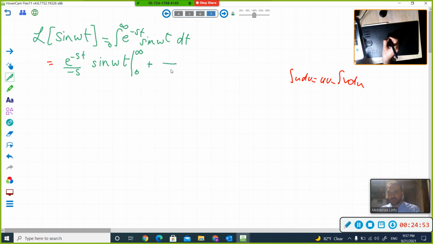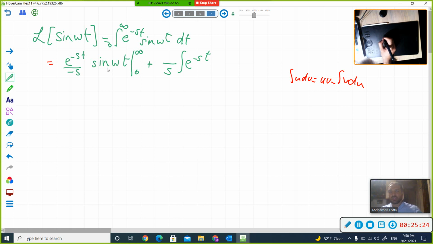So this is s, and this is the integration sign. We are pulling s outside the integration sign because the integration is with respect to dt, so we are interested only in t. So this is e to the power negative st, and the other term, which is u, will be differentiated with respect to t.